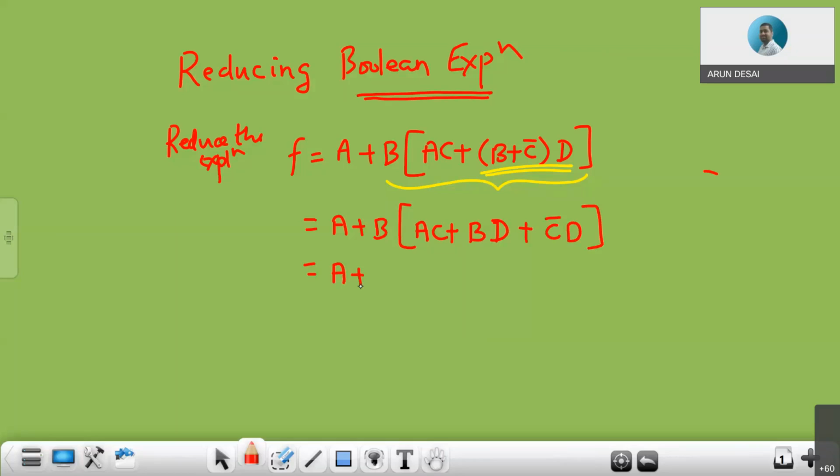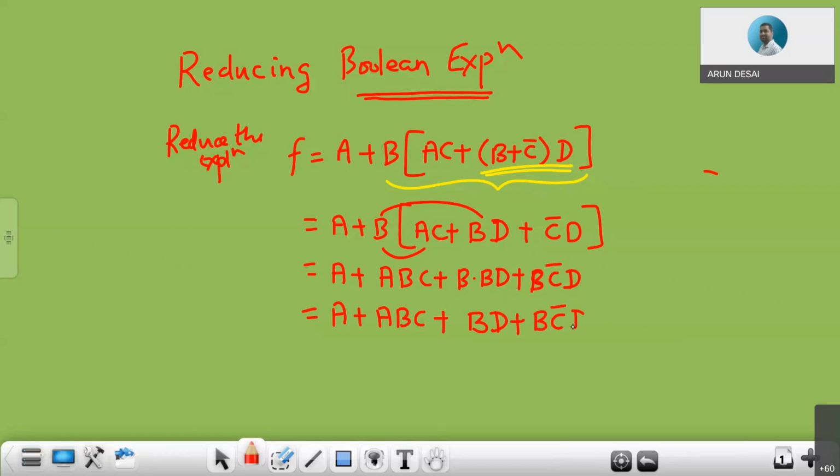A plus A B C plus B B C plus B C complement D. So A plus A B C plus B into B is B itself, B D plus B C complement.